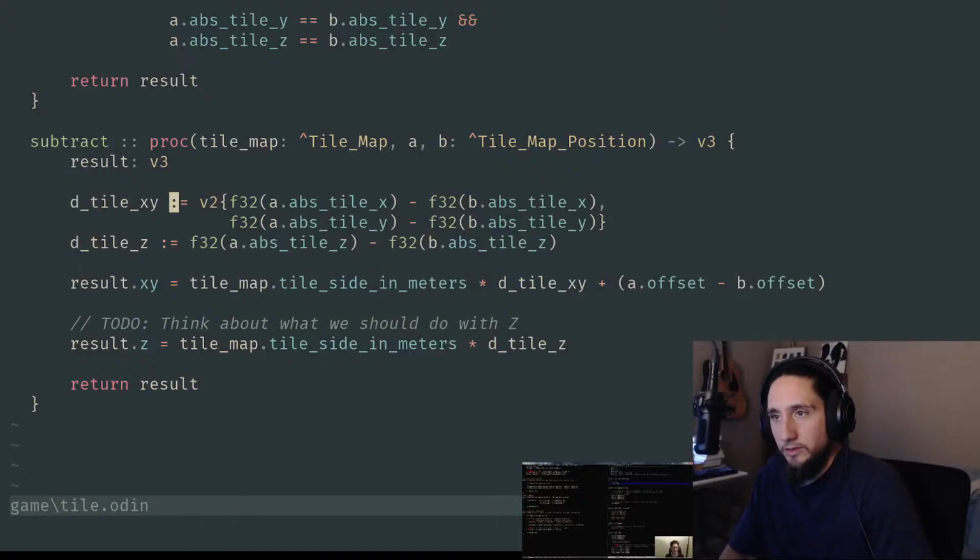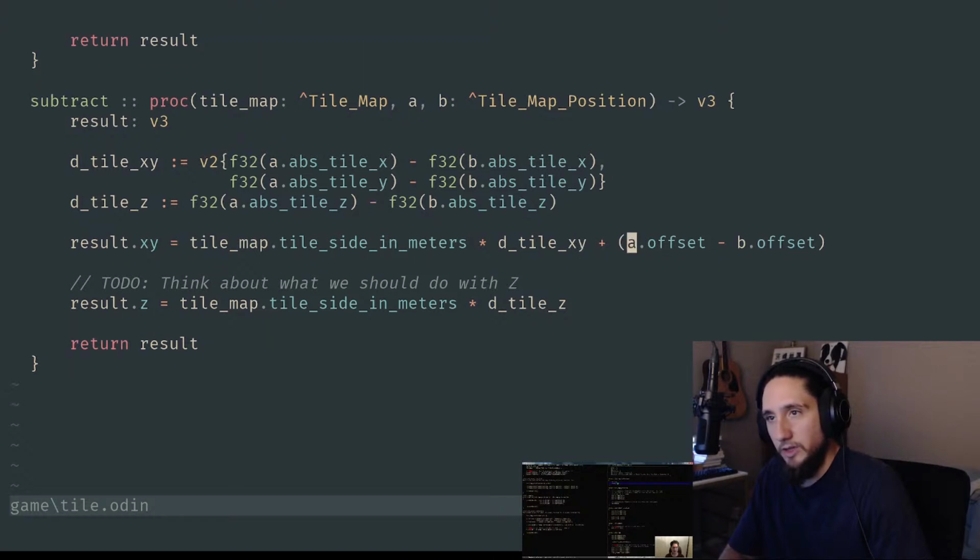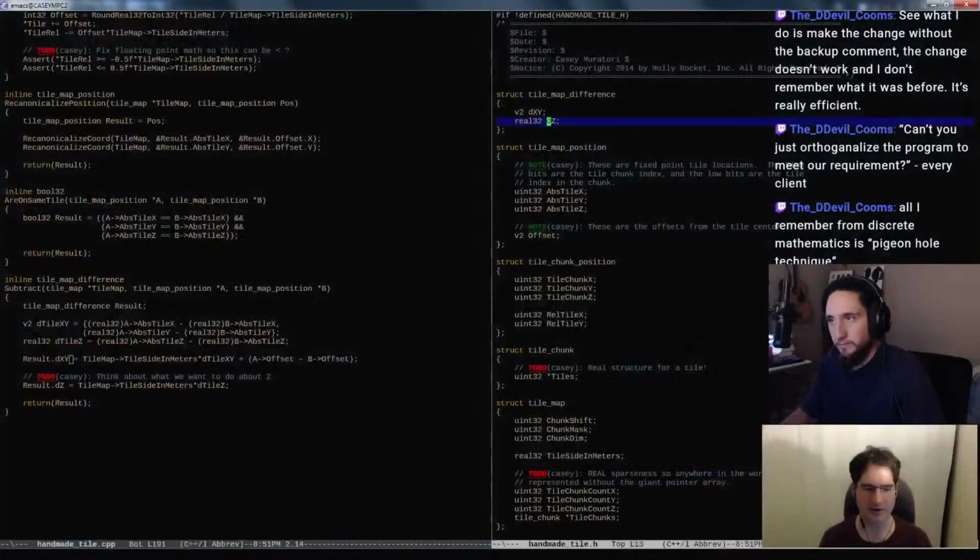In fact, yeah, no, that's right. And then he scales that, adds it to the result of the difference between those offsets, and the result is the difference. This is fine. This is good. Okay. Just wanted to double and triple check before I make a grave error.